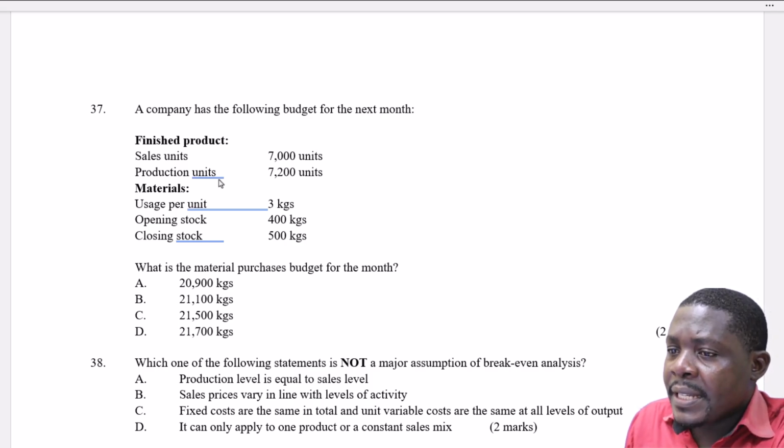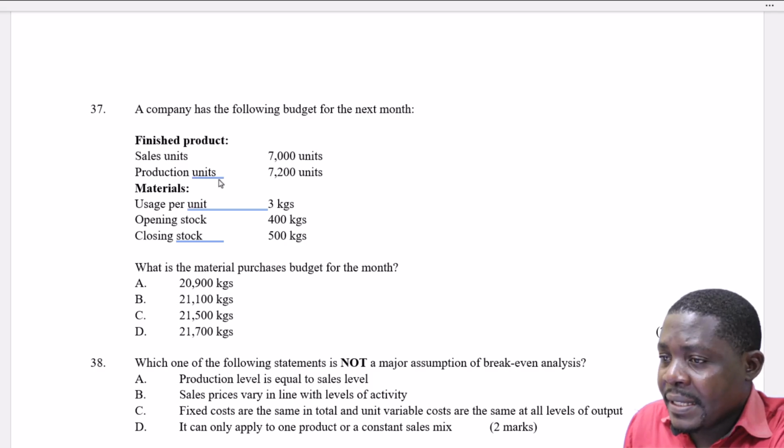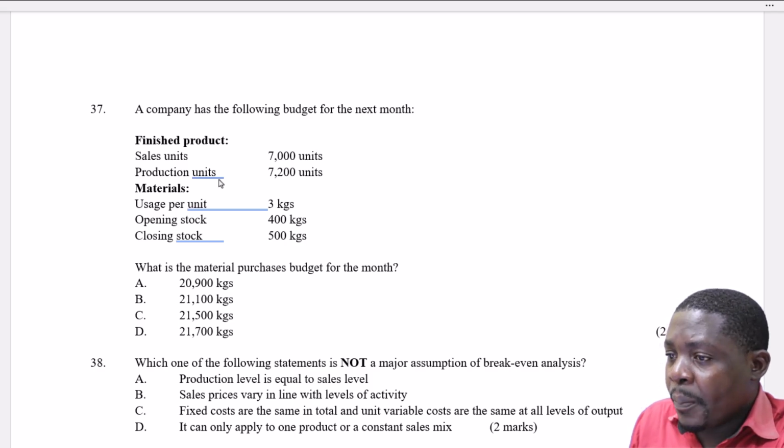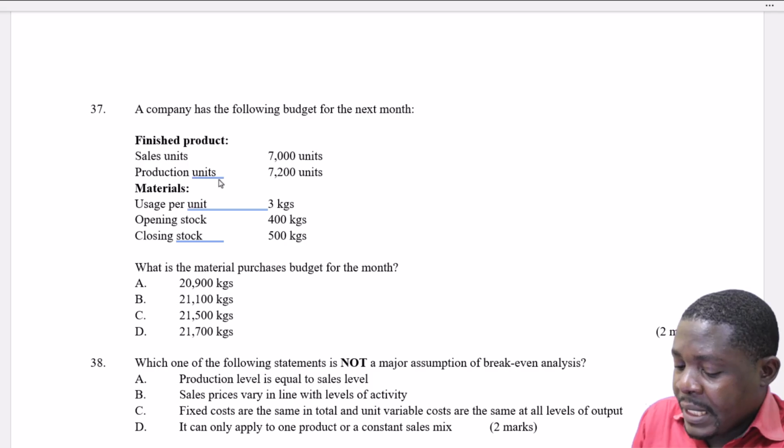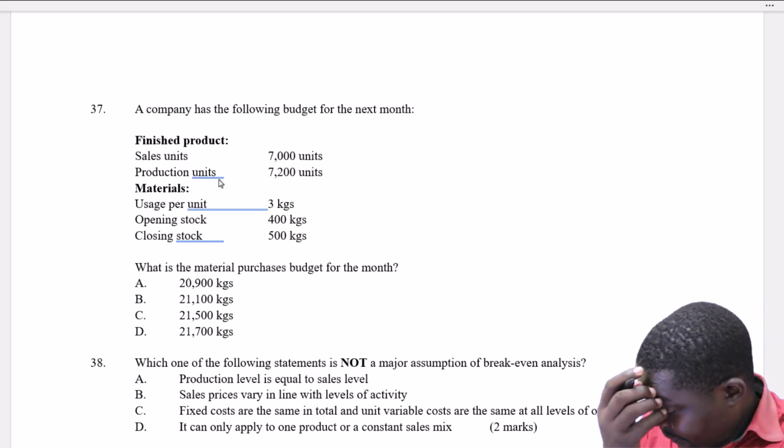Now in this case we have usage per unit of 3 kg. The opening inventory is given. Now can we determine the kgs that were used in opening? In that case we can just take that opening.